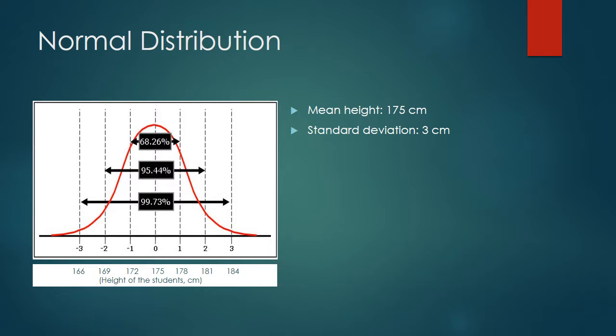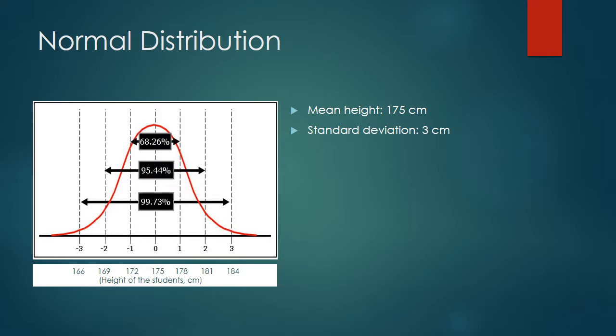Now let us take an example of normal distribution. Let us say we take into account the height of the students in a class. The mean height is given to be 175 centimeters with a standard deviation of 3 centimeters.